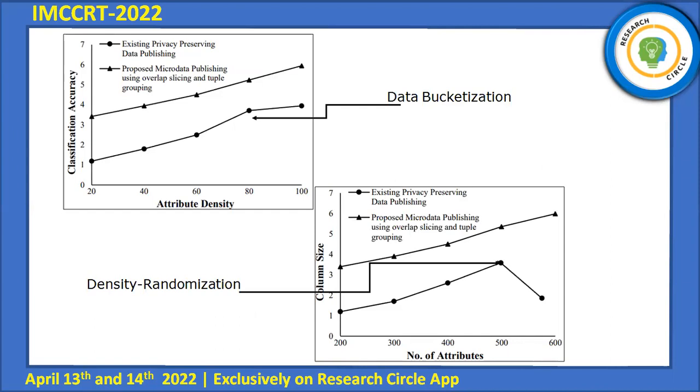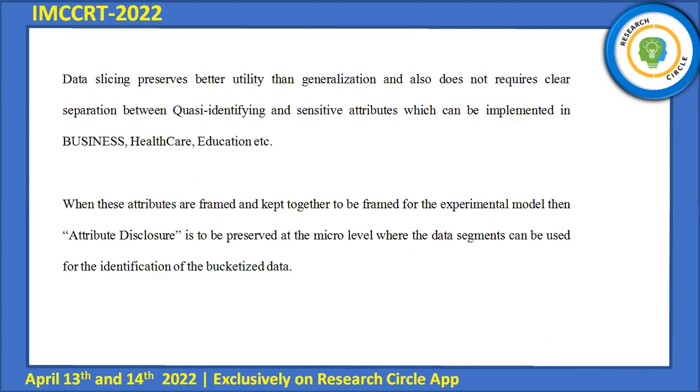But we should do it with all precautionary measures, by selecting and putting the data carefully. We can use certain techniques where bucketization of data can give a good result, proportional to the attribute density, as well as with randomization and density randomization, so we can produce good data where a fall of data should not happen. Based upon that, we should be able to distinguish this.